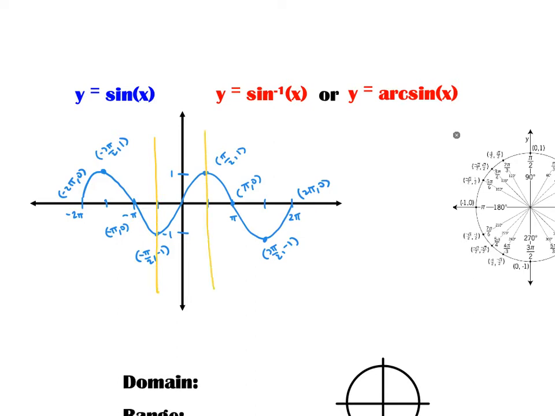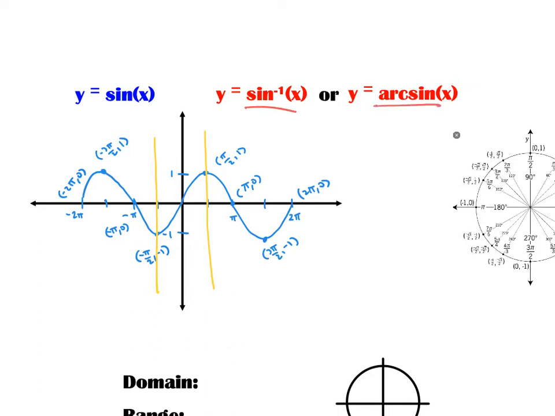We're cutting the sine function off right here. Between the vertical yellow lines, the function will pass the horizontal line test, which means its inverse will also pass the vertical line test. That makes inverse sine, also known as arc sine, a function.